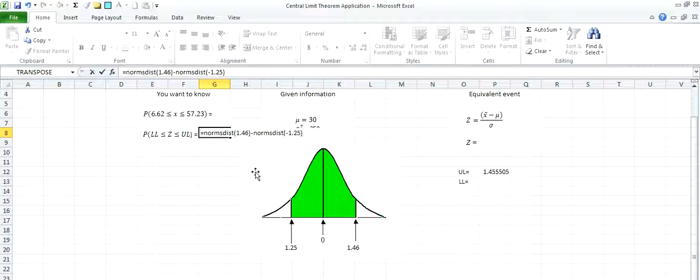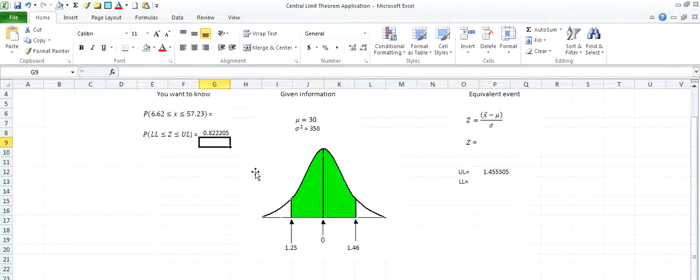So higher value minus the lower value will give you 0.82205. So that is the probability that the sales figure is going to be between these two numbers. Okay? Remember, this is a negative number. I'm sorry, that's a typo right here.